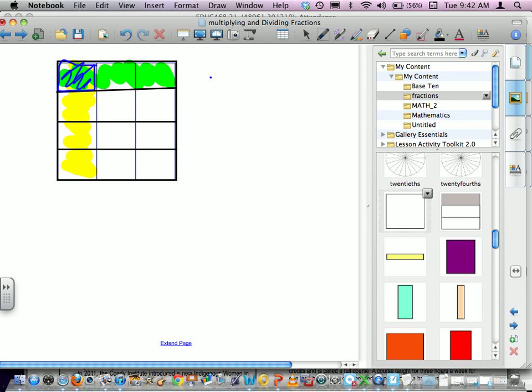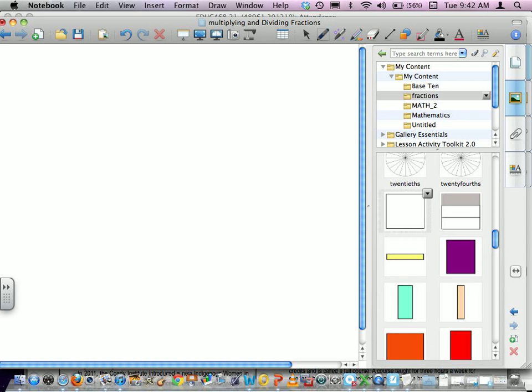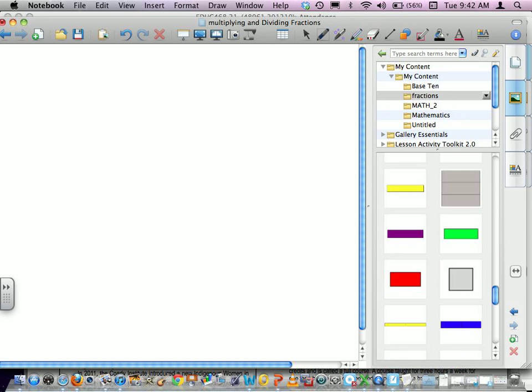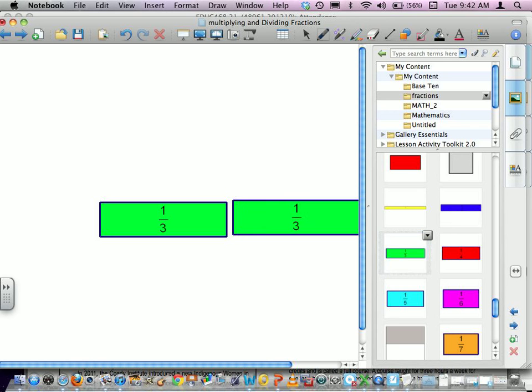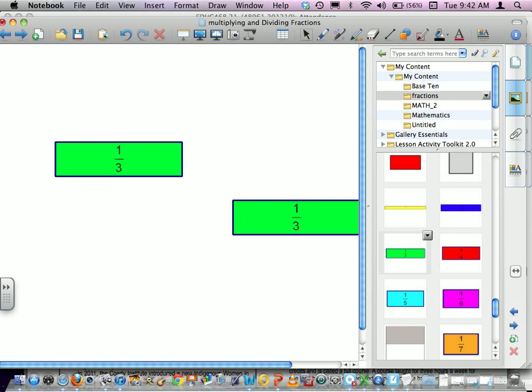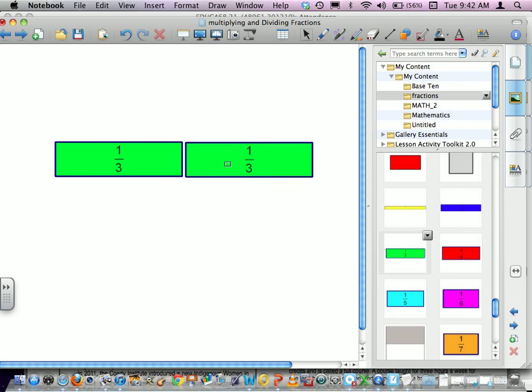One of the things that we need to remember is the whole notion of the word of. So if I'm using strips, I think I have those here. If, for example, I wanted to do a calculation like 1/2 of 2/3.